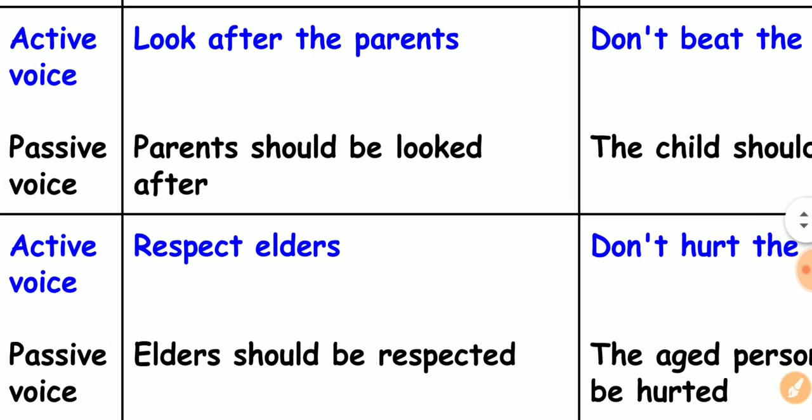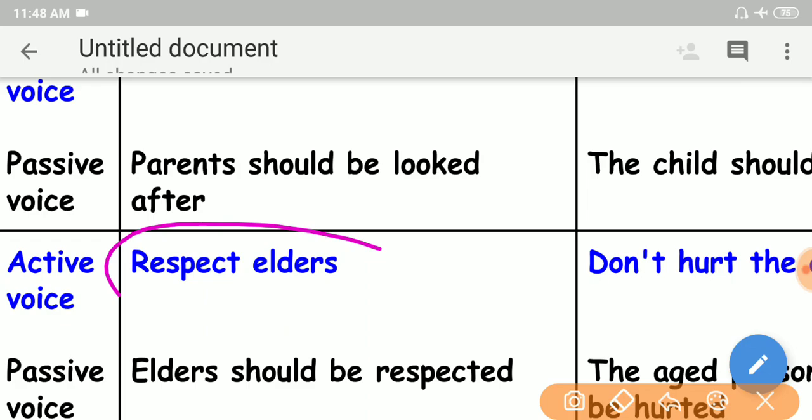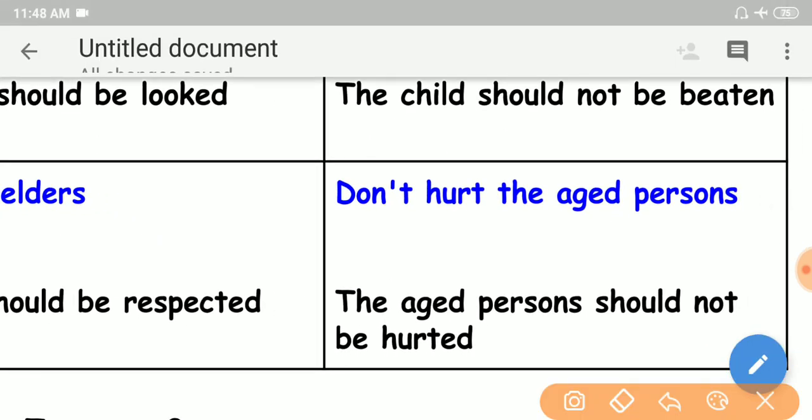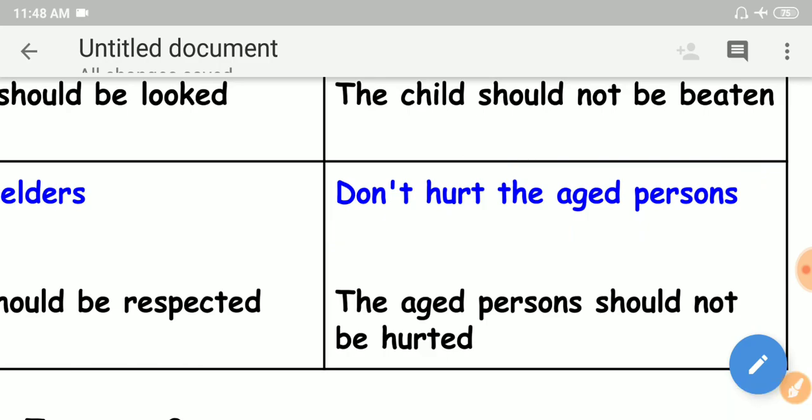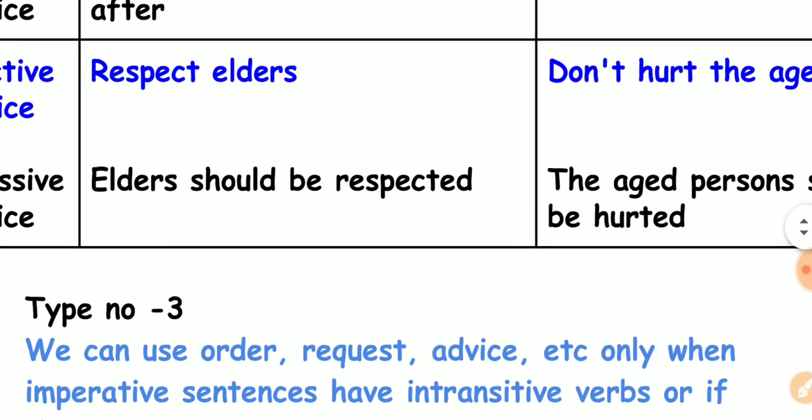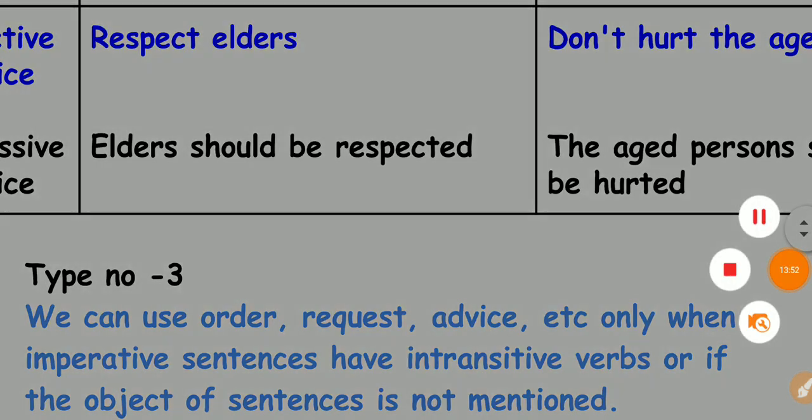Like this, respect elders. Elders should be respected. Like that, don't hurt the aged persons. The aged persons should not be hurt is the passive voice of "Don't hurt the aged persons." These are such examples, my dear friends.